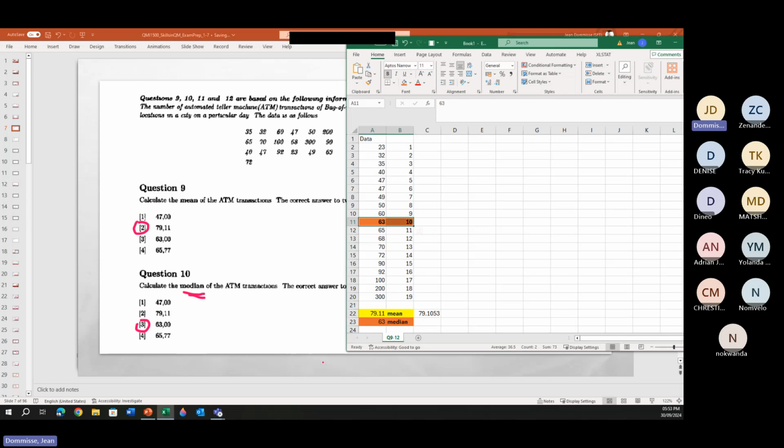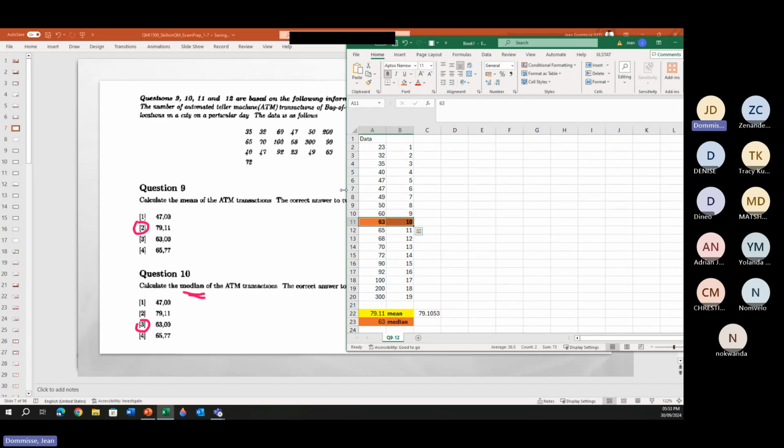Okay, so I am just including the Excel component as well if you want to use it. So I will share this spreadsheet later tonight on the WhatsApp group, so that you are allowed to use it in your exam. So if you have it, then you can use it.